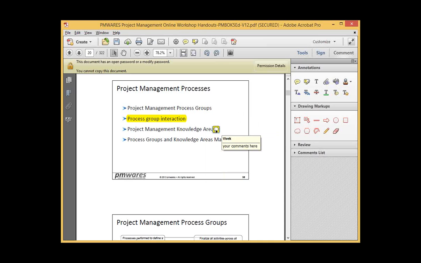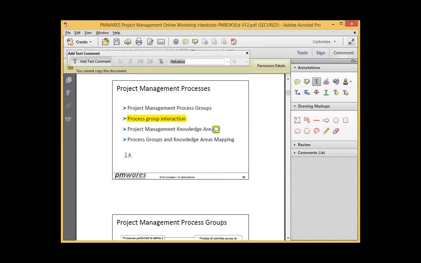Wherever you hover over this icon, you see your comments. If you want to add a line or type something, you click on this T icon, place it somewhere and type your notes like this. You have many other options as well.